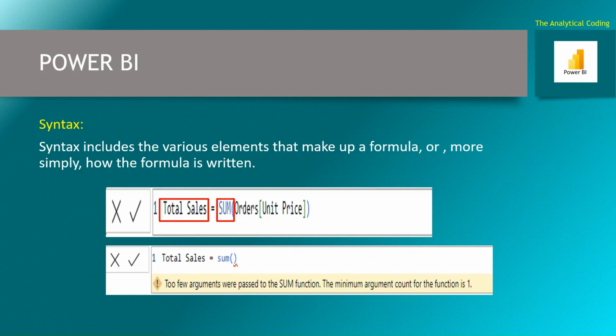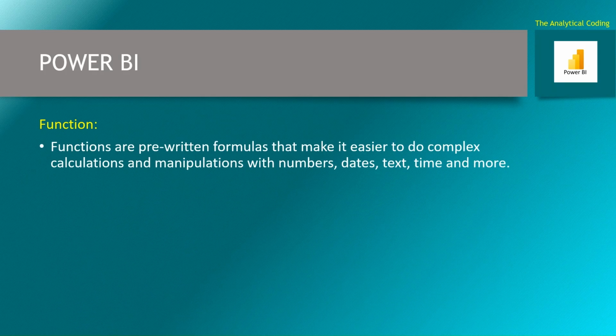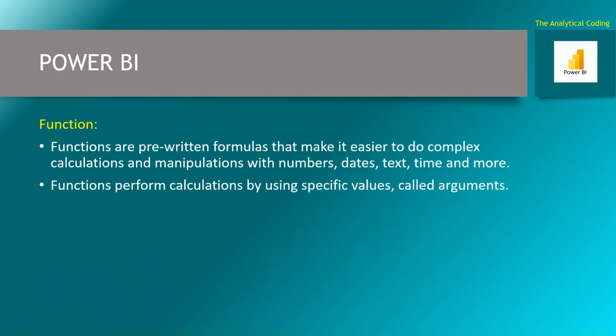And the next one is functions. We have already introduced a function, SUM, in the previous explanation, right? Functions are pre-written formulas that make it easier to do complex calculations and manipulations with numbers, dates, time, text, and more. Functions are predefined formulas that perform calculations by using specific values called arguments.